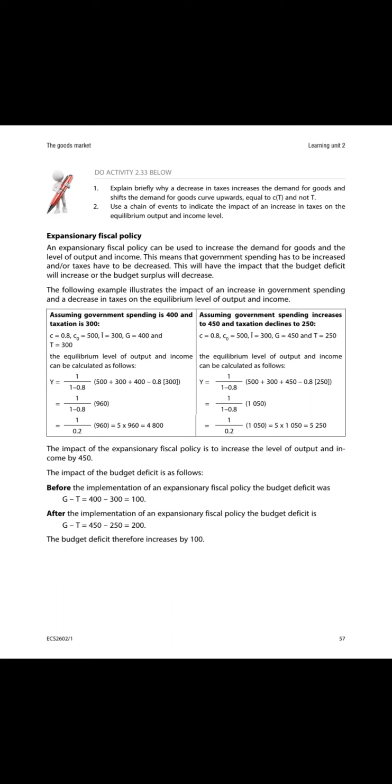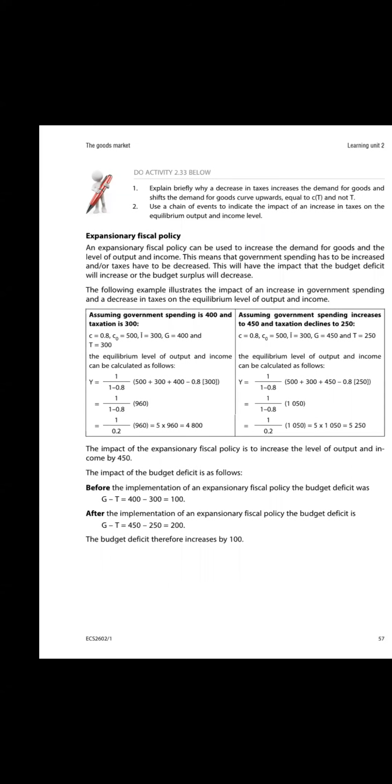So in the goods market, we had this diagram here, which basically represented consumption on the y-axis and then GDP or income on the x-axis there. So what we learned was your consumption can be given an equation, right?